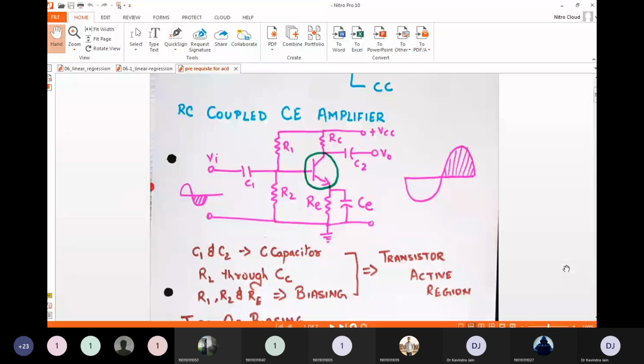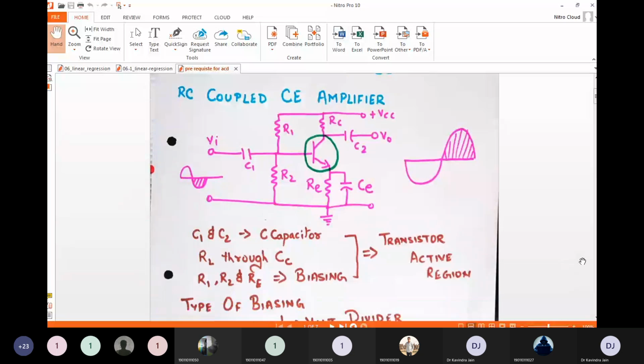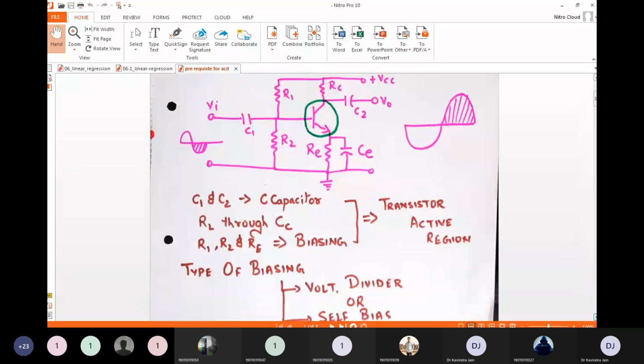Biasing resistors. And as we already know, whenever we talk about the CE amplifier, the CE amplifier basically operates the transistor in the active region, as you can see in the circuit. This is the topic that you have already studied in 3110016.